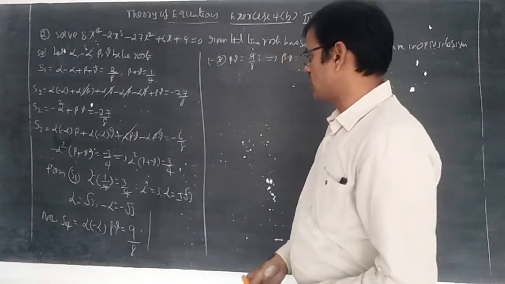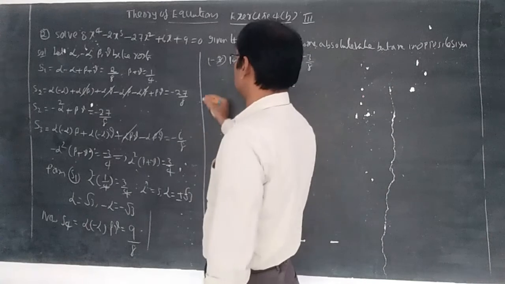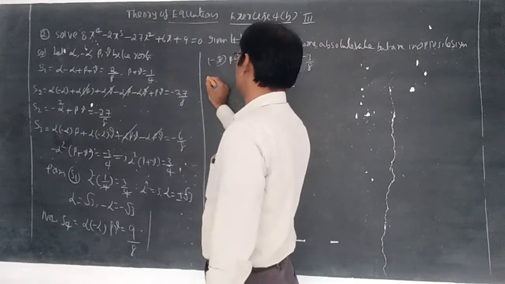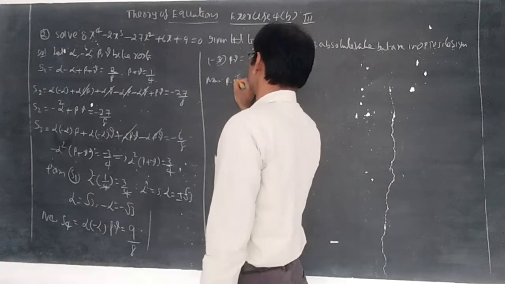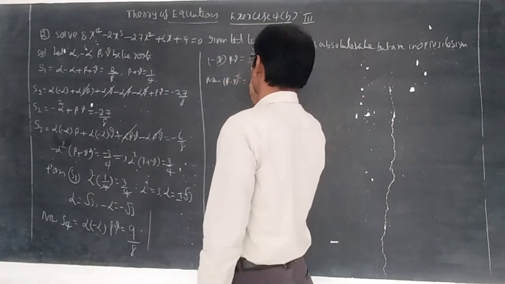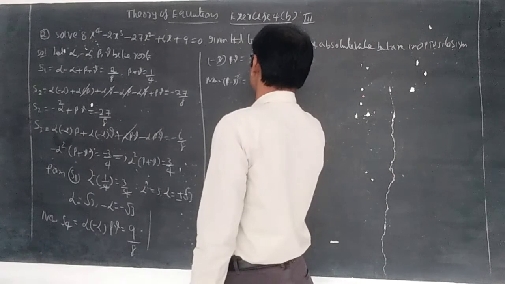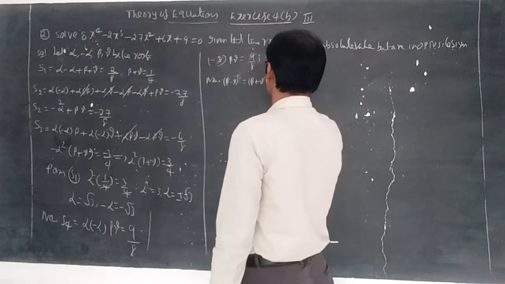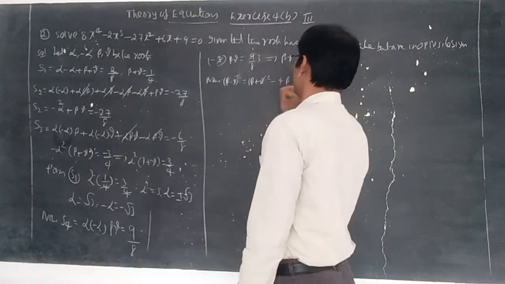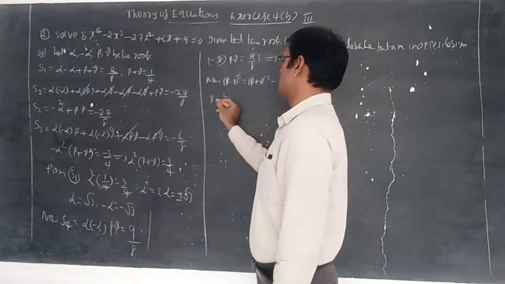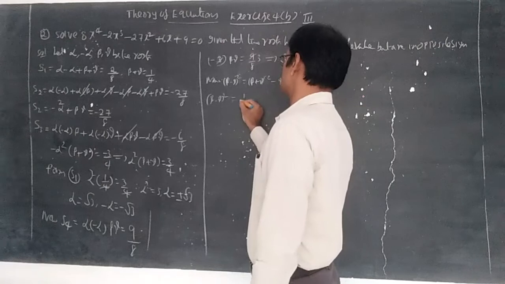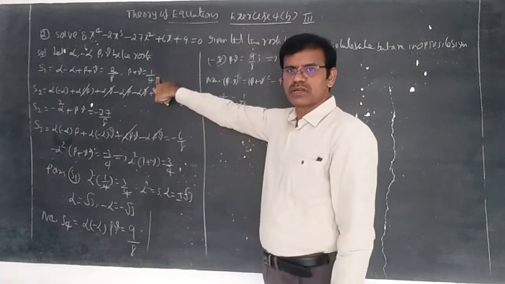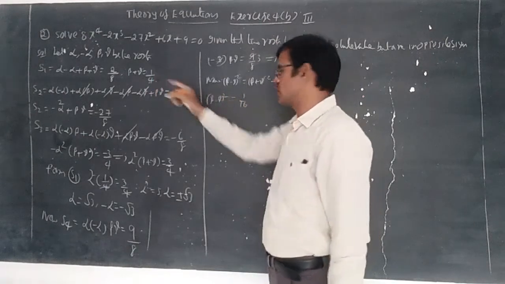Beta plus gamma we are having. Now using the formula, beta minus gamma whole square is equal to beta plus gamma whole square minus 4 beta gamma. So beta minus gamma whole square is equal to 1 by 16, using beta plus gamma equal to 1 by 4 here.